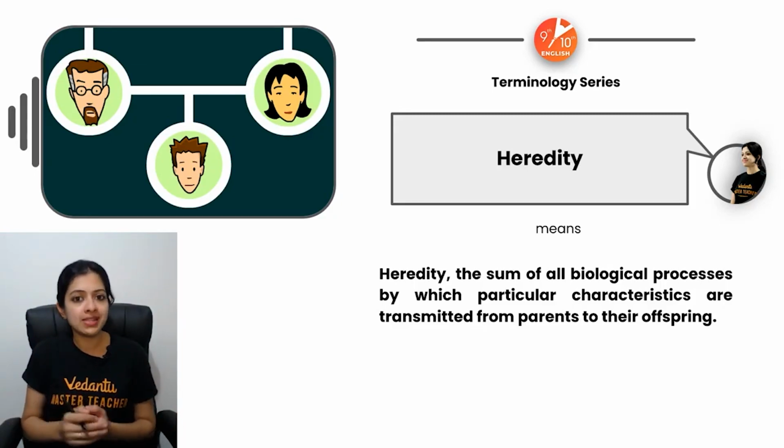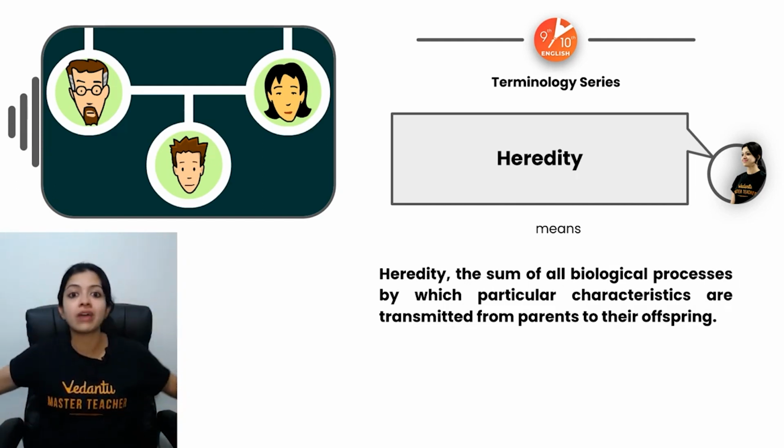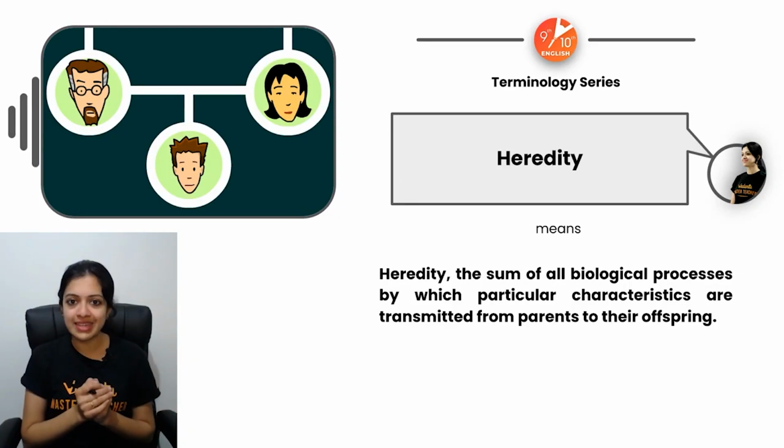But that's only because your parents have also inherited their genes from their respective parents. And your grandparents might have other children as well who would have inherited their characters as well. That's why all this comes, right? That's why we say traits running in certain families, right?